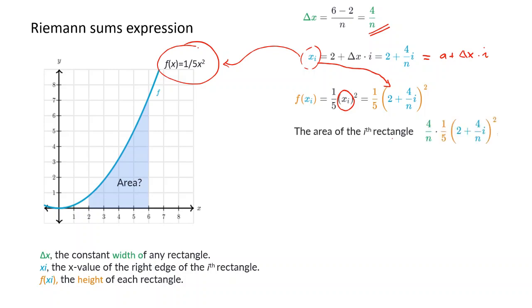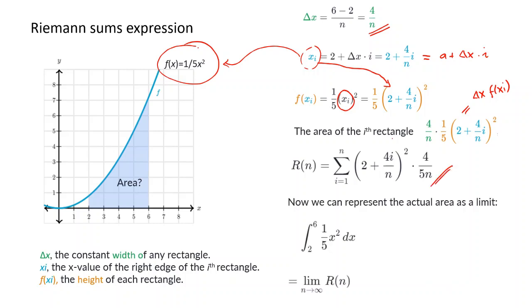Then we can define the area of each rectangle, which is equal to delta x times f(xi). We use the Riemann sum for defining the area, and we end up with this term.